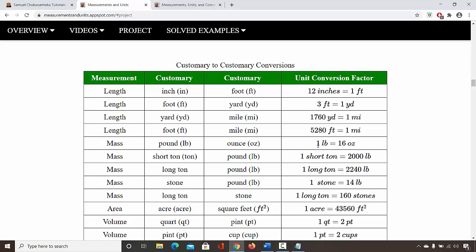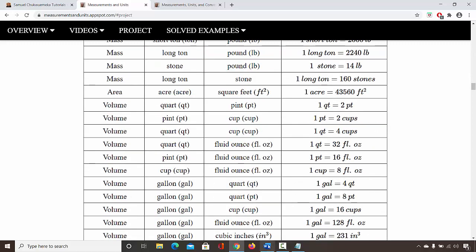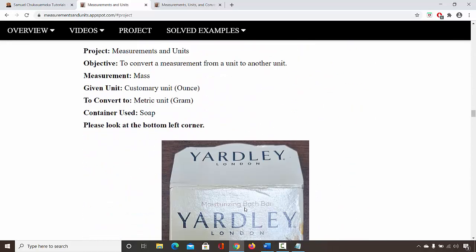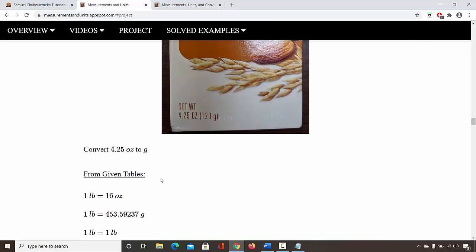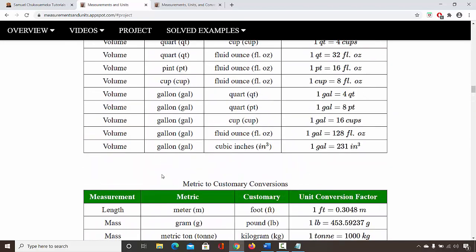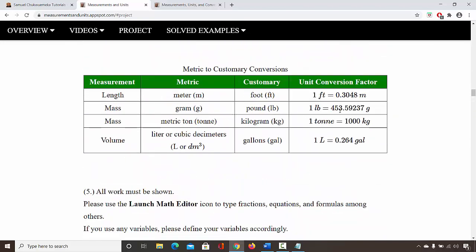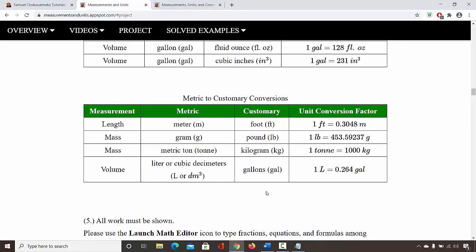So we have that 1 pound is 16 ounces. We do have that. Now you write, 1 pound is 16 ounces, and also 1 pound, as we can see here, is 453.59237 gram. Let me make a note here. These are the exact, not approximate, conversions.